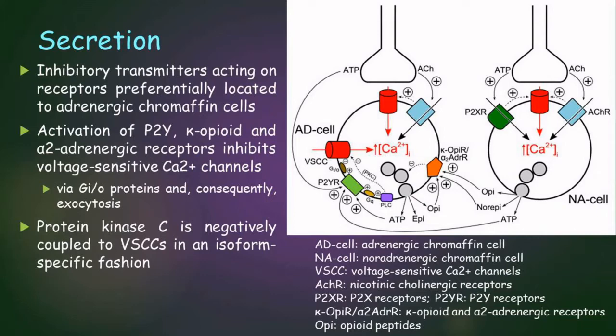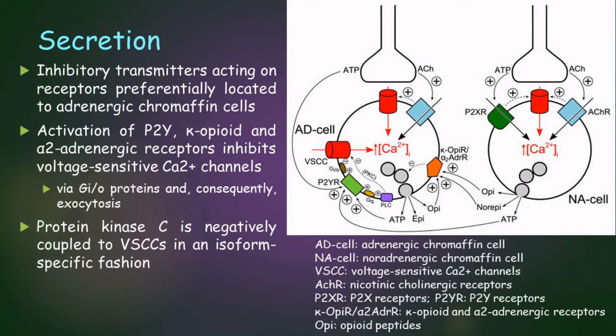Next is the secretion of the catecholamine hormones, and that is how they are secreted from the cell with the help of external stimulation. That is usually through inhibitory transmitters which act on receptors located in the adrenergic chromaffin cells. As we've seen earlier, the chromaffin cells synthesize the catecholamines, and the activation of several chemical compounds like P2Y receptors and alpha-2 adrenergic receptors all inhibit the voltage sensitive calcium channel.